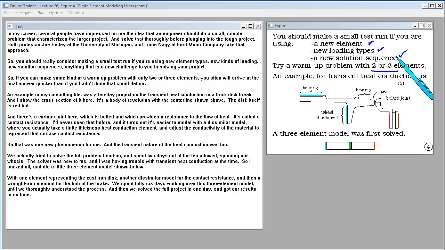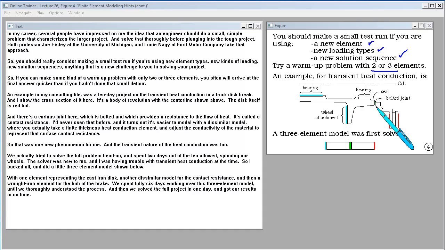An example in my consulting life was a 10-day project on the transient heat conduction in a truck disc brake, and I show the cross-section of it here. It's a body of revolution with the center line shown above. The disc itself is red hot, and there's a curious joint here which is bolted and which provides a resistance to the flow of heat.